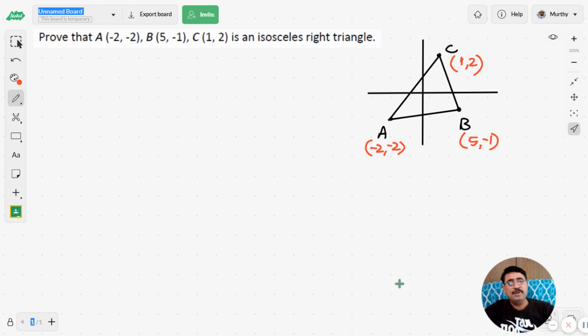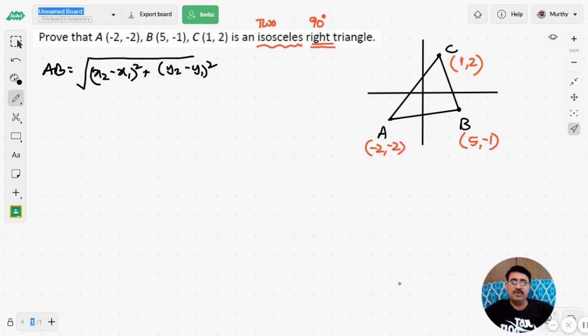Now you have to prove that this is isosceles. Please remember isosceles means two sides are equal. Right triangle means a right angle, 90 degrees. Therefore, let me find the length of AB. Don't forget you have to use the distance formula: x2 subtract x1 whole square plus y2 subtract y1 whole square, everything under the square root.